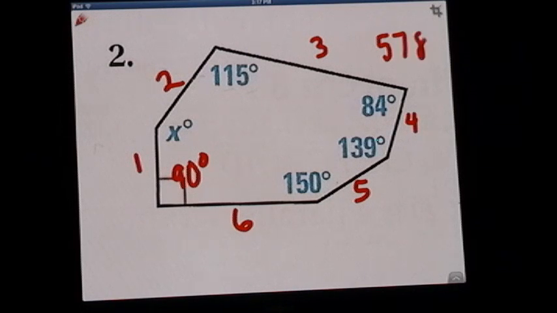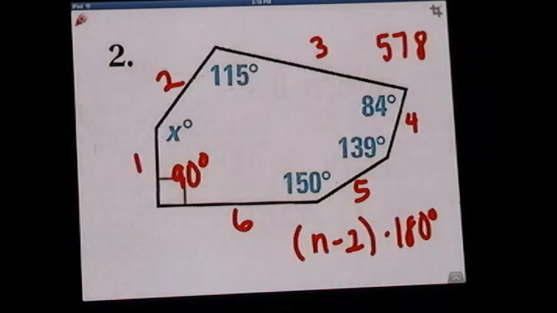I want to check that: 115 plus 84 plus 139 plus 150 plus 90. Got 578 again. Now I'm going to use that same formula, n minus 2 times 180, and I will tell you the answer at the end.